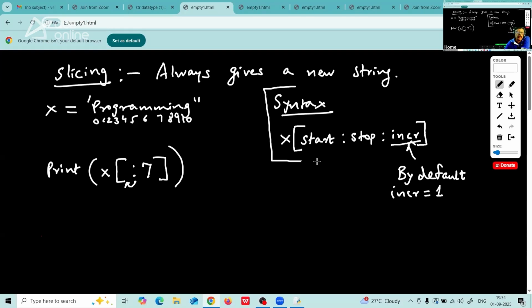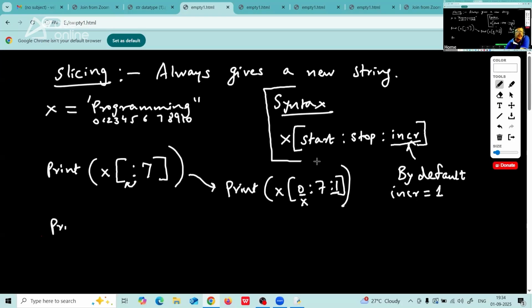So actually, what you have written indirectly is print x square bracket 0:7:1. This is what you have written, but you have not given this. So by default, it is 0. Why 0? Because increment is 1. See, by default, increment is 1. So which letters will be extracted? 0 to 6. Because increment is 1, 0 to 7 is the range.